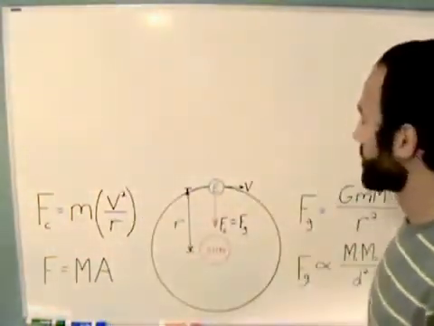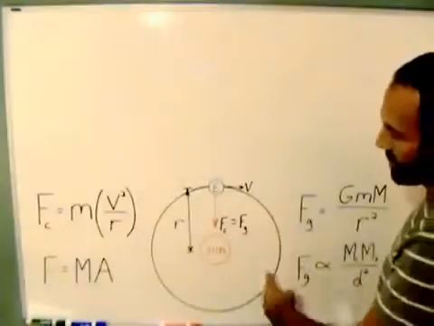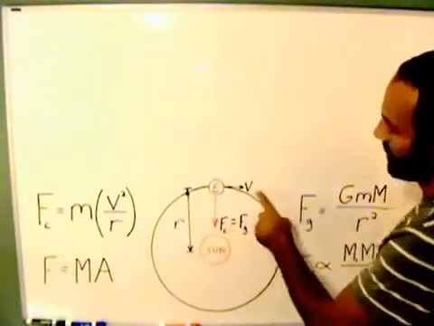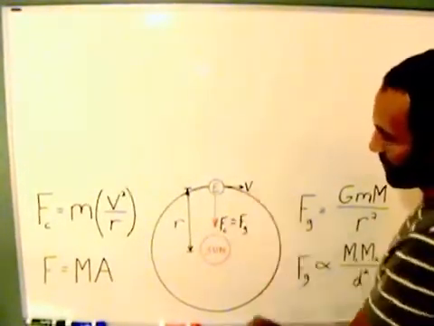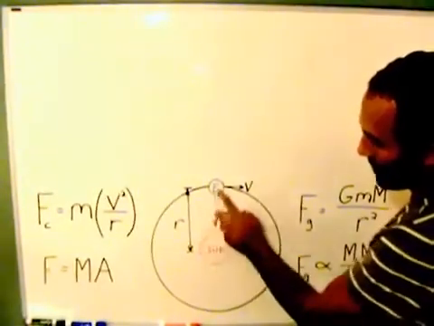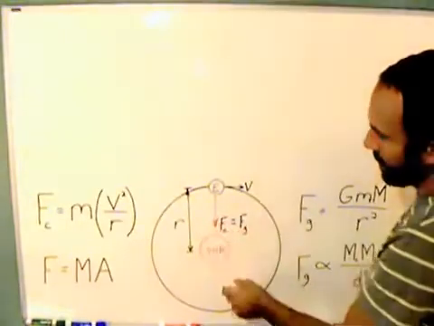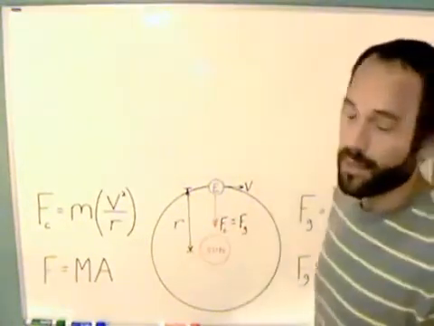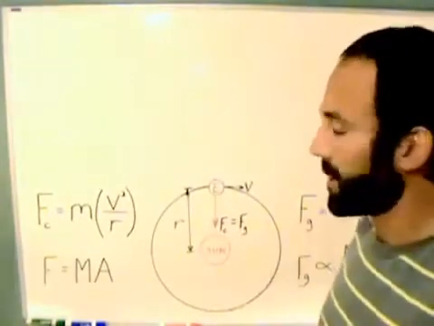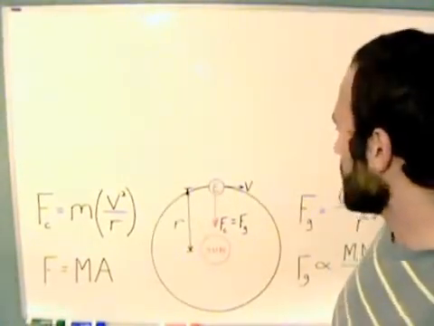Or if you look at the solar system model, which I've got drawn right here, with just the Earth and the Sun, it would be the instantaneous velocity of the Earth at any point around the circle, and the radius would be the distance from the Sun, and the mass, of course, would be the mass of Earth. Alright, so it is the mass of Earth, not the mass of the Sun. Remember that.